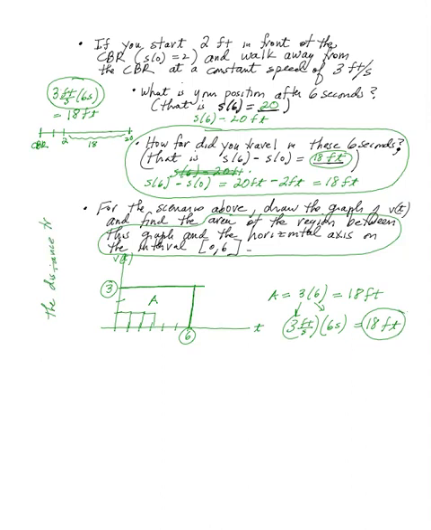The distance traveled is the area under the graph of the velocity function. We observe that in this scenario, right? The area under a velocity function was 18. The distance traveled was 18.